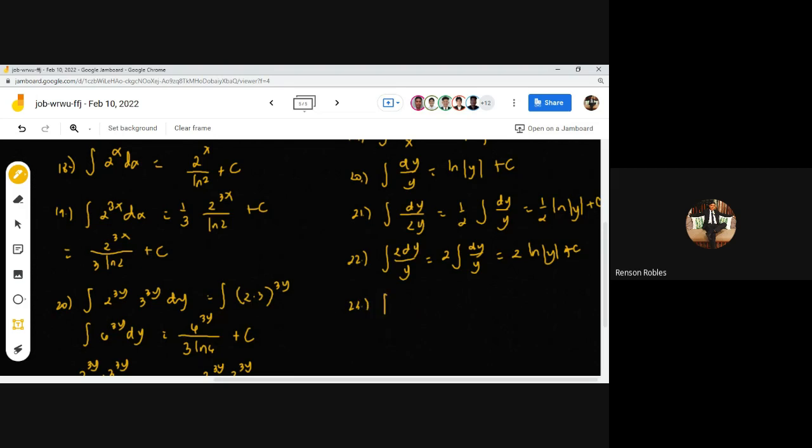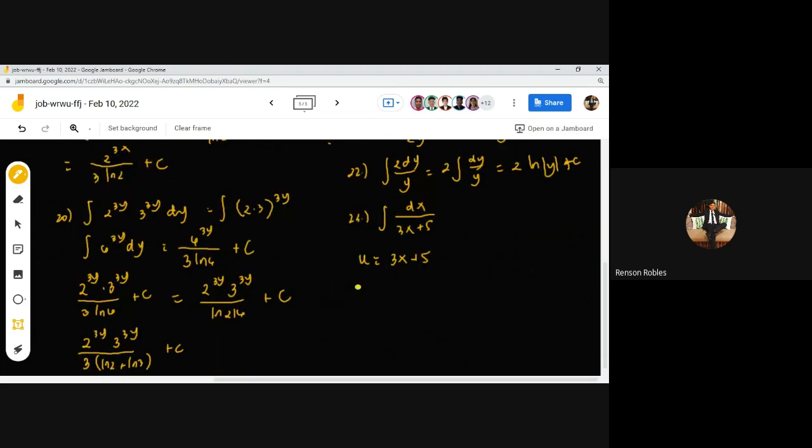23. You have the integral of dx over 3x plus 5. This is totally different from the first set of examples because, as you can notice, the denominator now contains a function ax plus b. We let u be equal to 3x plus 5, and then du is 3 dx.